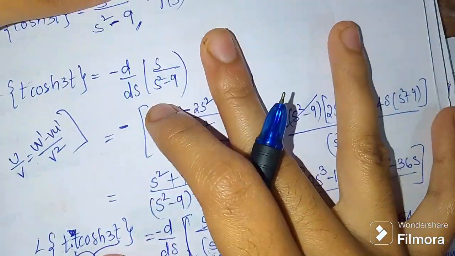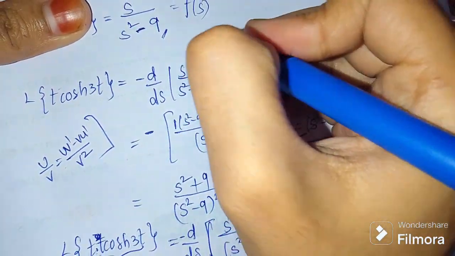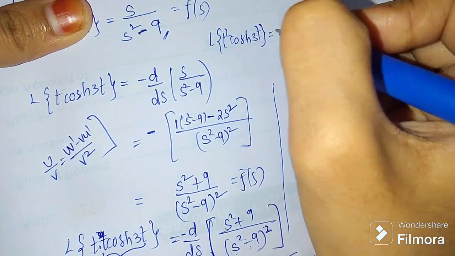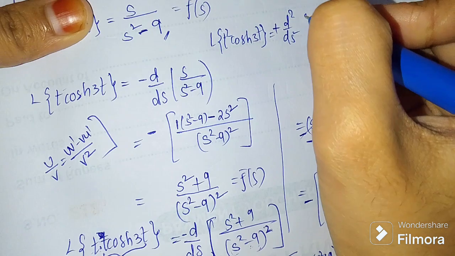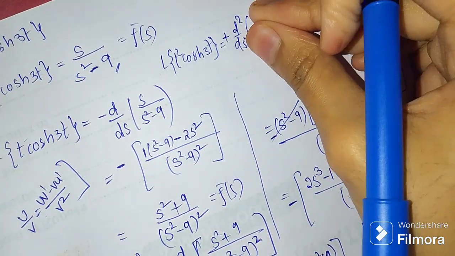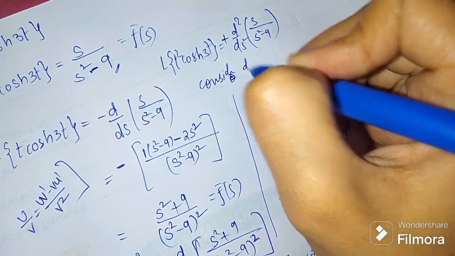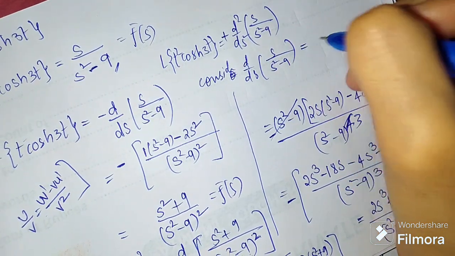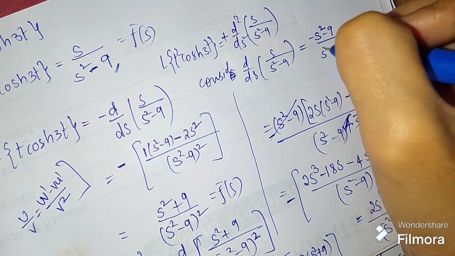So I'll tell you what will happen if you take it directly in place of this. If you took Laplace of t square, then what you should write? Minus won't be there, no. d square by ds square of s by (s square minus 9). So first you will find the derivative. Then consider derivative of s by (s square minus 9), which is (s square minus 9) by (s square minus 9) whole square.